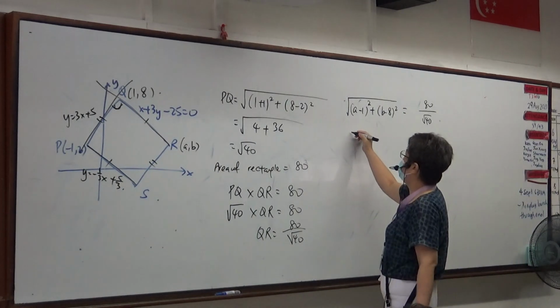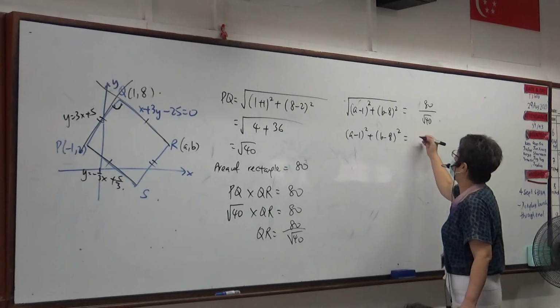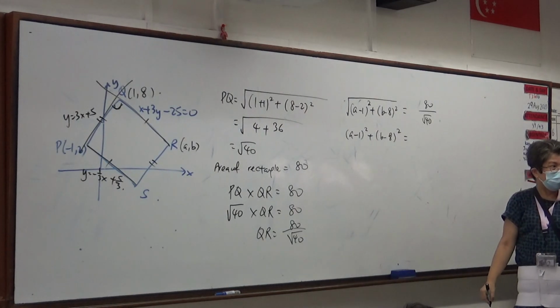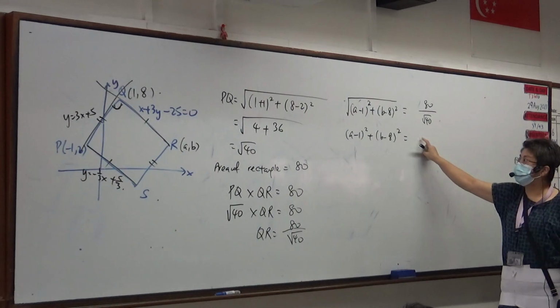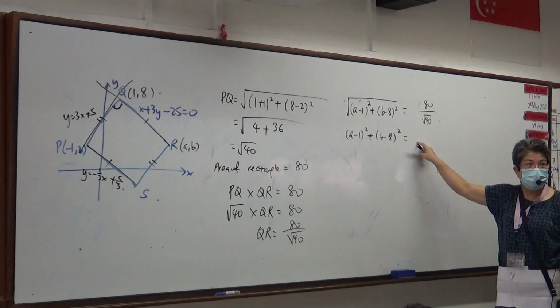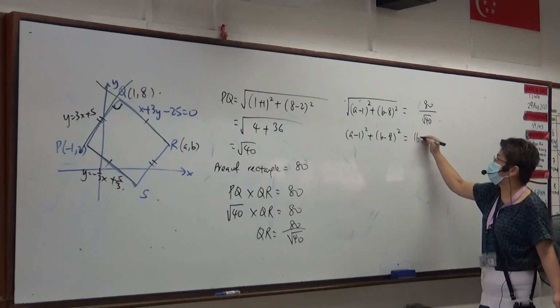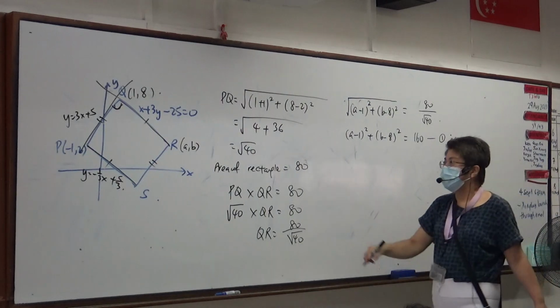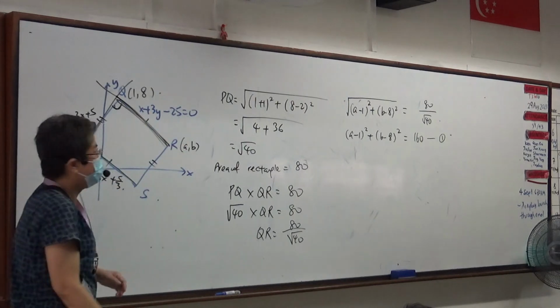So, I will get (a minus 1) squared plus (b minus 8) squared equals, I will square this one, right? Alright, what's 80 squared? Use a calculator. 6400 divided by 40. What is it? 160. Is this correct? 160. Okay. Equation 1, right? Because got 2 unknowns, okay? Now, what is the gradient of this one? Just now I rewrote it already.